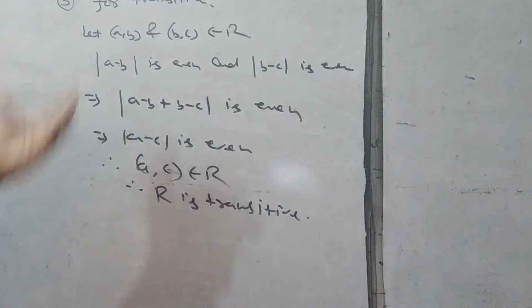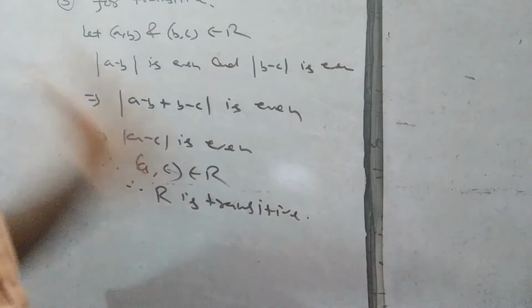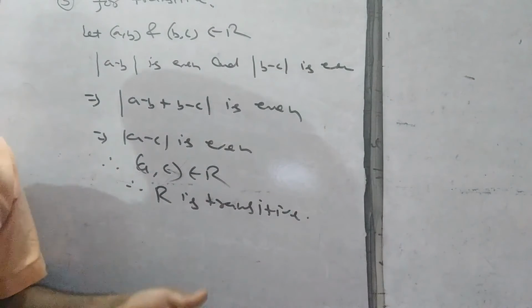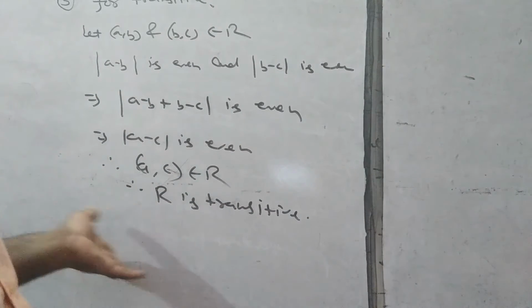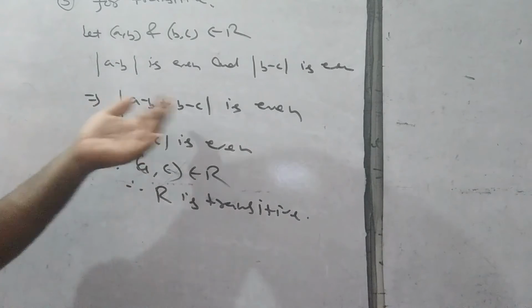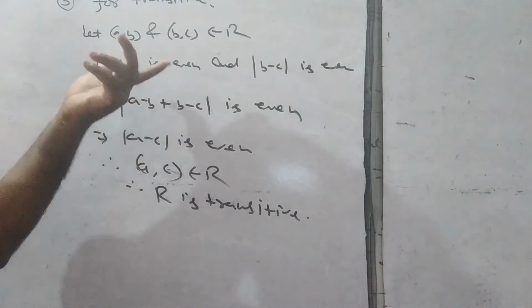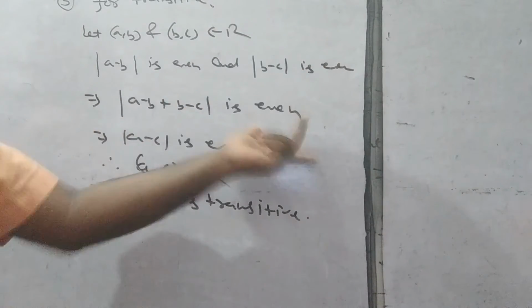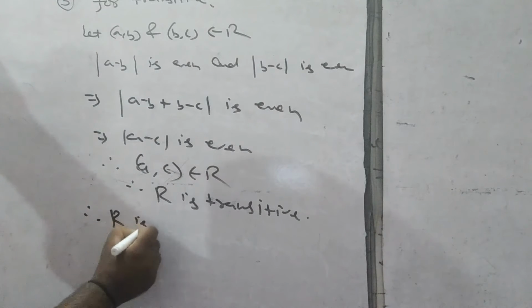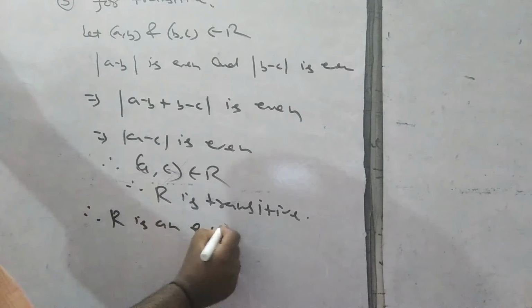Before proceeding, you can think in your mind, if 2 is even and 4 is even, then 2 plus 4 is also even. So why am I telling this? Because here I am adding. Why adding? Because even plus even is even, that's why we are adding these two pairs. So R is transitive, therefore R is an equivalence relation.